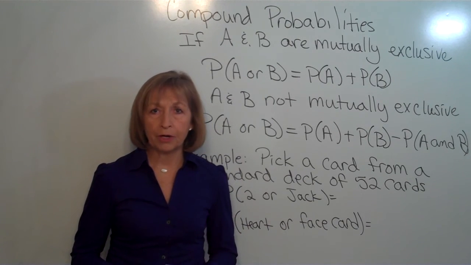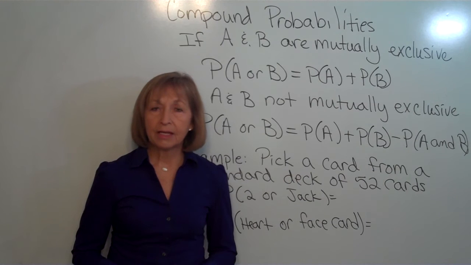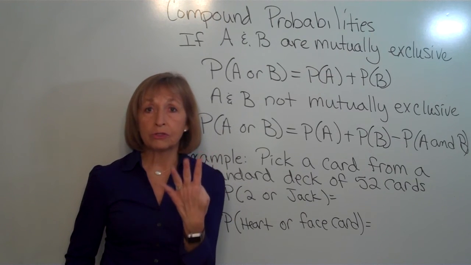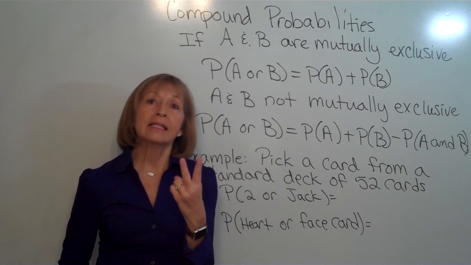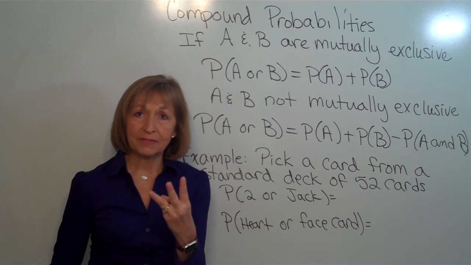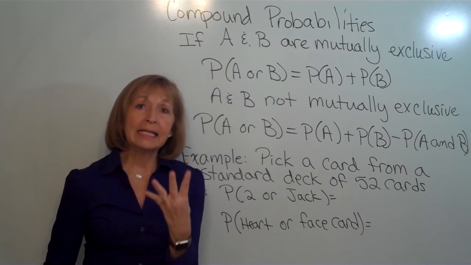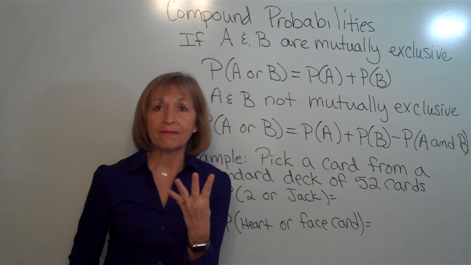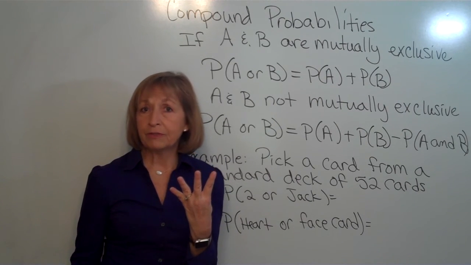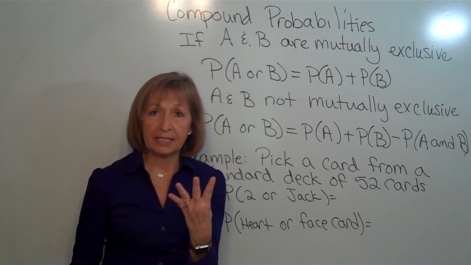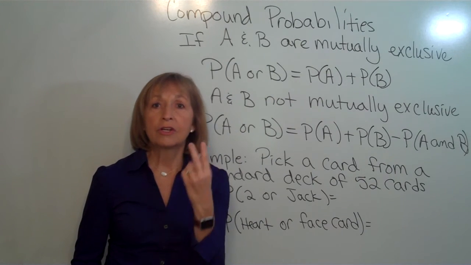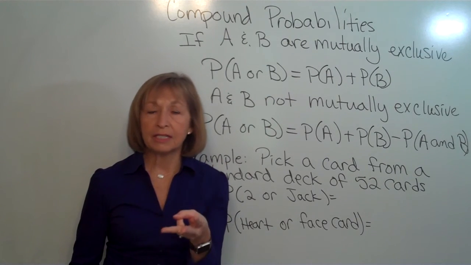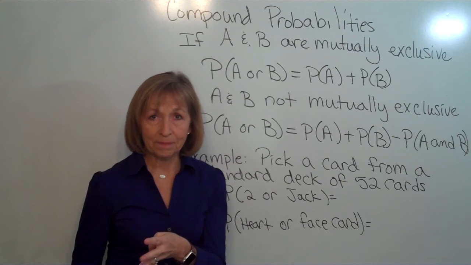There are 52 cards in a standard deck. It's broken up into 4 suits: the hearts, the diamonds, the clubs, and the spades. Each of those suits has the same number of cards, so 52 divided by 4 is 13. So there are 13 hearts, 13 diamonds, 13 clubs, and 13 spades.